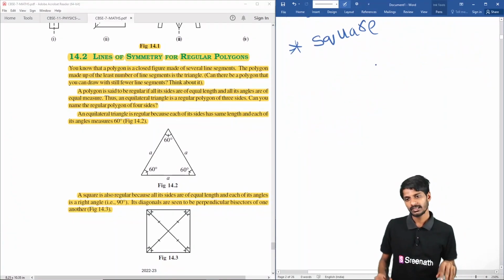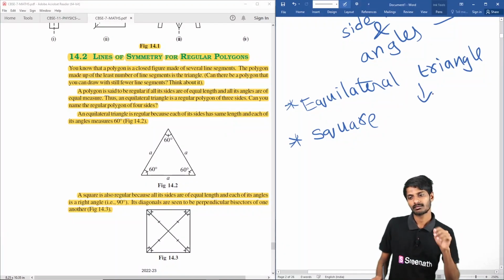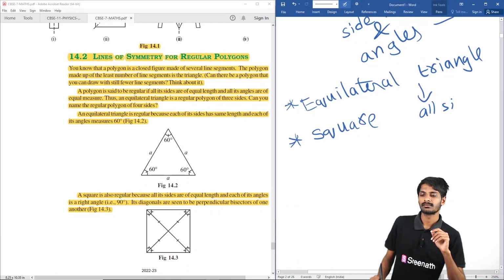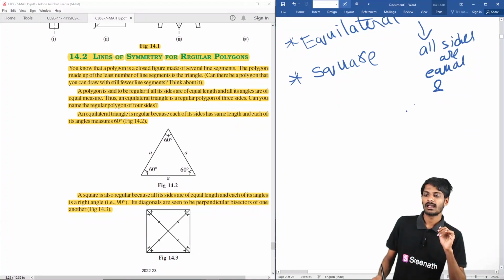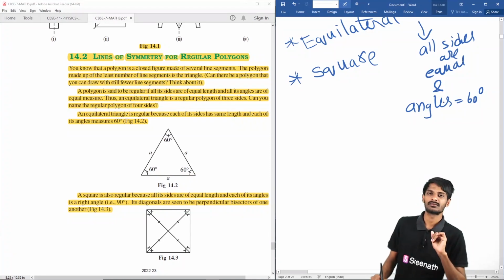Why? Because in an equilateral triangle all sides are equal. And in addition to the sides being equal, each angle is equal to 60 degrees. So that's why an equilateral triangle is a regular polygon.